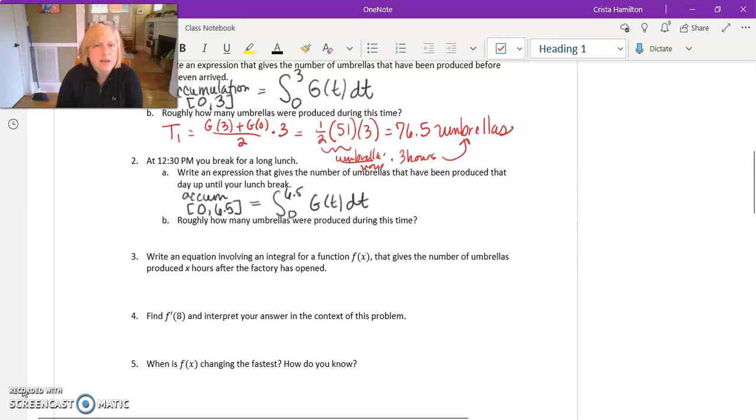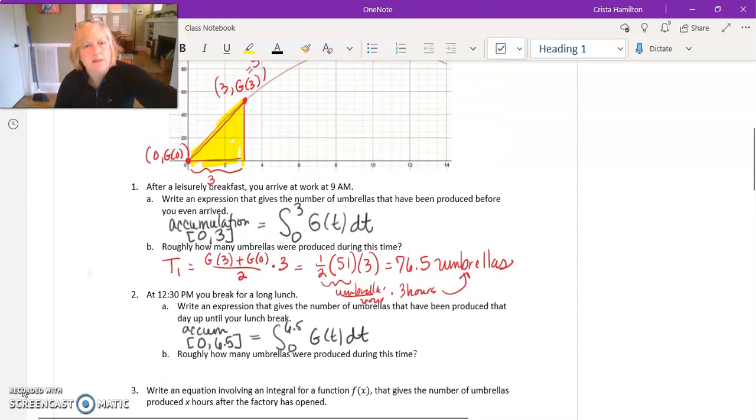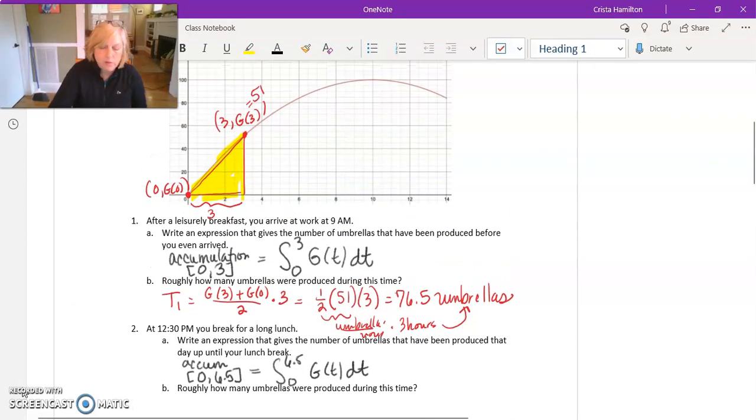And again, the idea is that if we want to estimate that, if we come back down here to our curve, we basically just want to do the whole idea of the trapezoids again. We're going to be going to 6.5, which is approximately there. And I'm going to do a trap sum with 2 trapezoids and add that area in right here under the curve so that we have the 2 trapezoids.